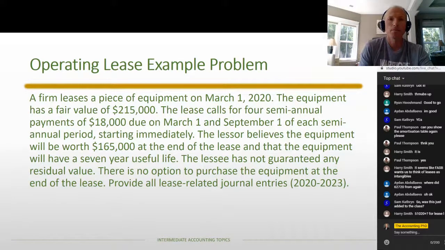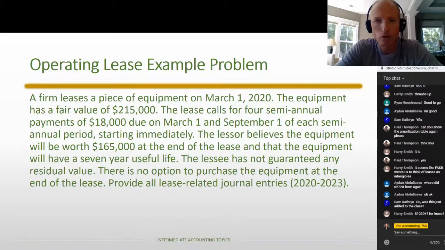All right. The lessor believes the equipment will be worth $165,000 and it has a 7-year useful life. There's no guarantee. So one thing, just to hone your intuition a little bit, is notice that the residual value, the $165,000, is fairly close to the fair value of the equipment, and none of that residual value is guaranteed.